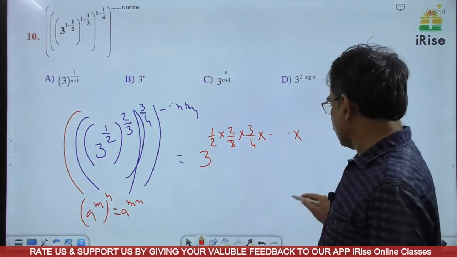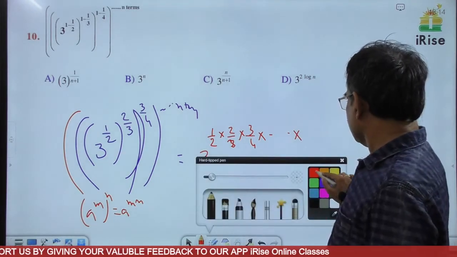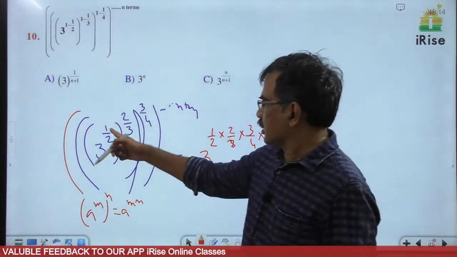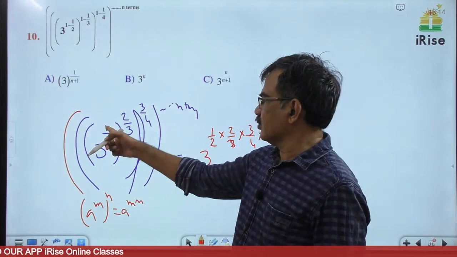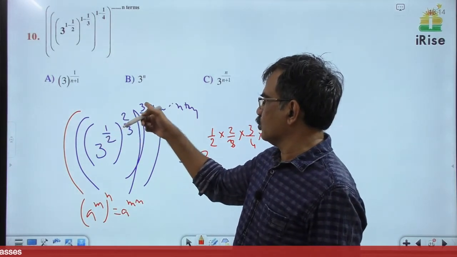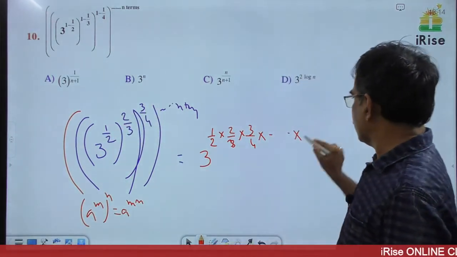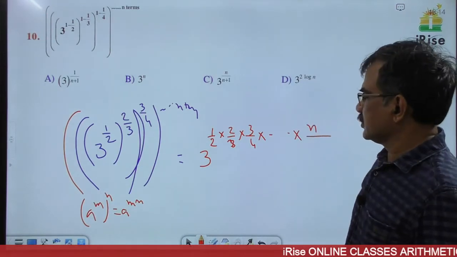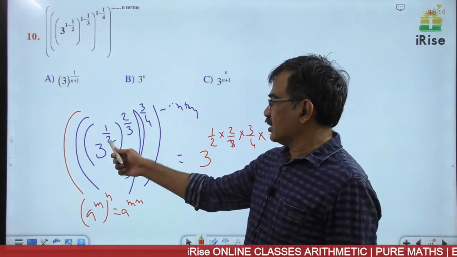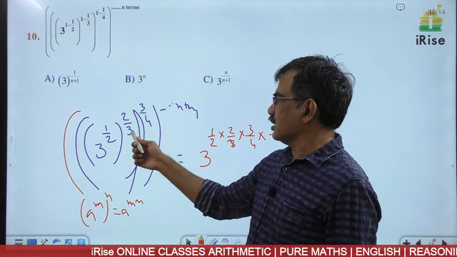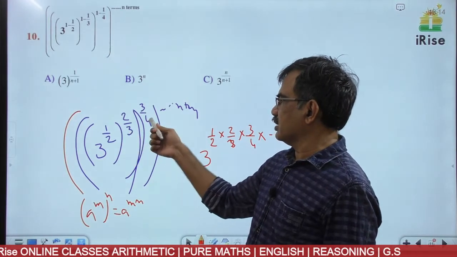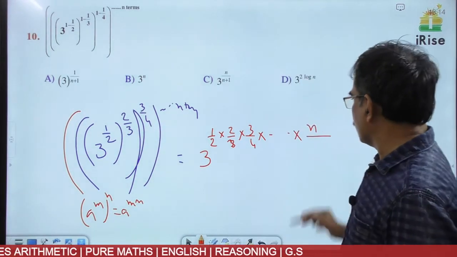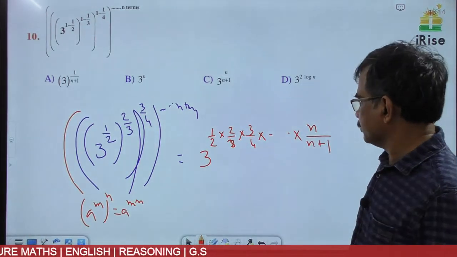See, to write the nth term: in the first term the numerator is 1, second term numerator is 2, third term numerator is 3, nth term numerator is n. The denominator of the first term is 1 plus 1, this is 2 plus 1, this is 3 plus 1. Therefore this is n plus 1.